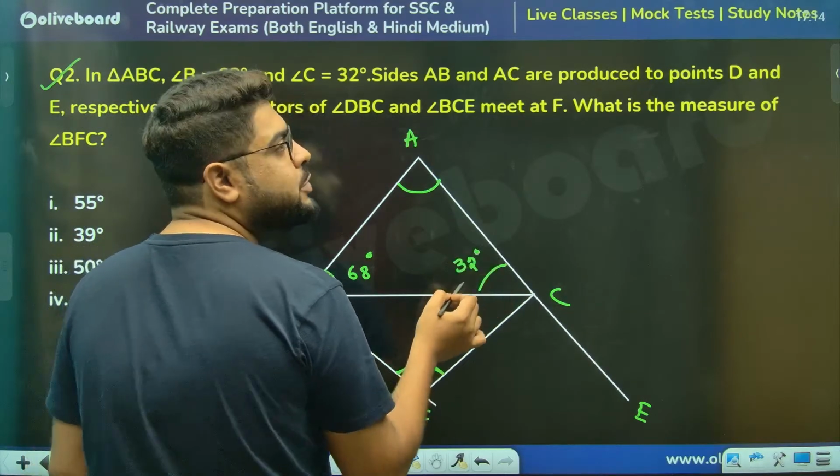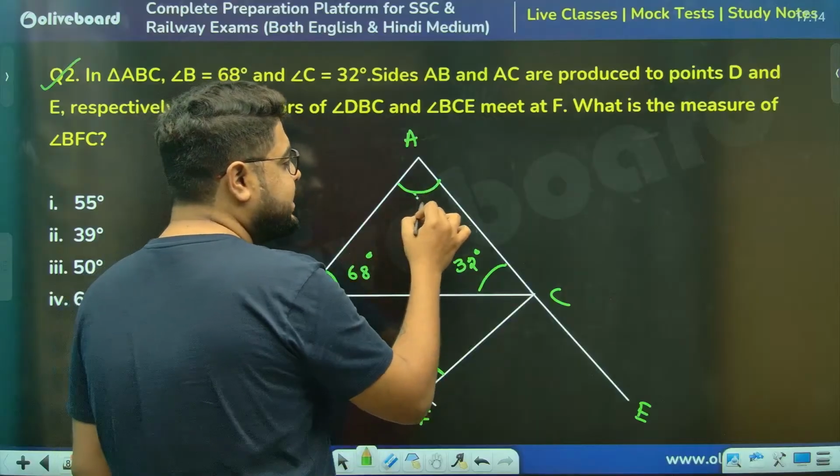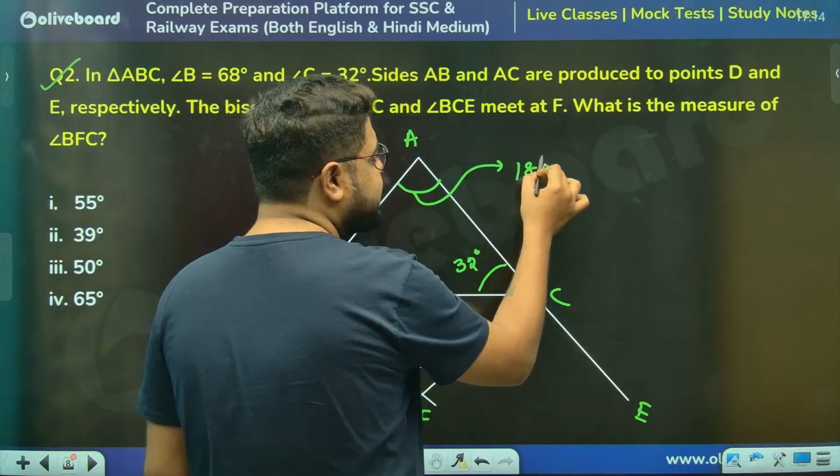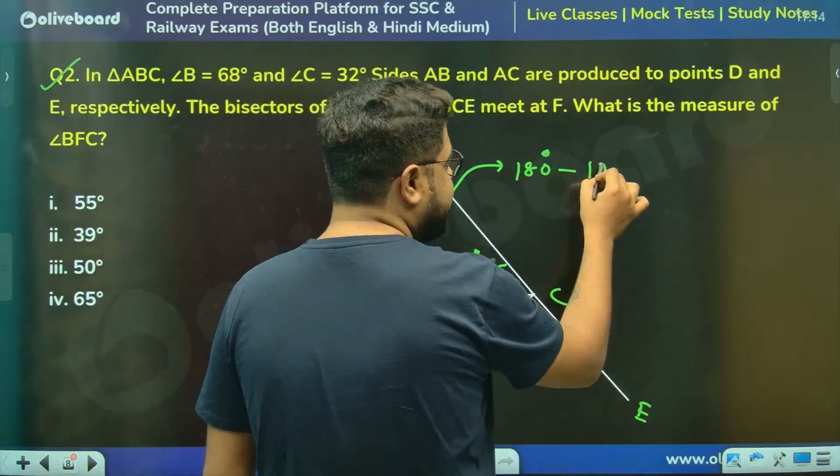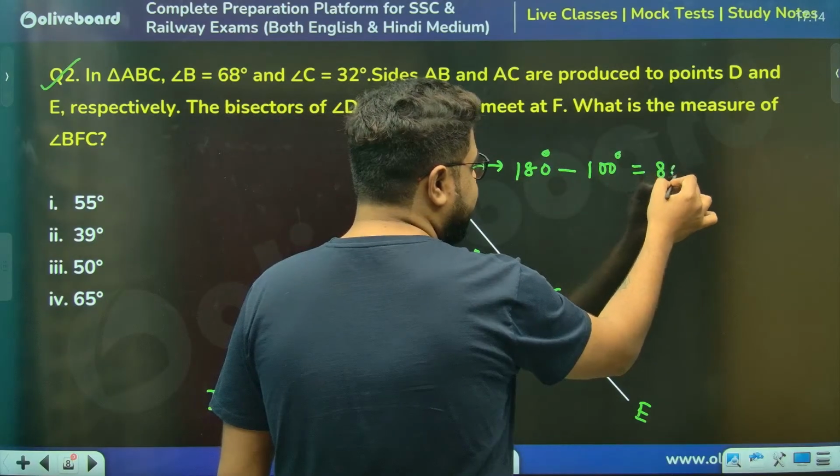that means they are actually trying to give you this angle. This angle will be 180 minus this, 68 plus 32, which is 100. So angle A is 80 degrees.